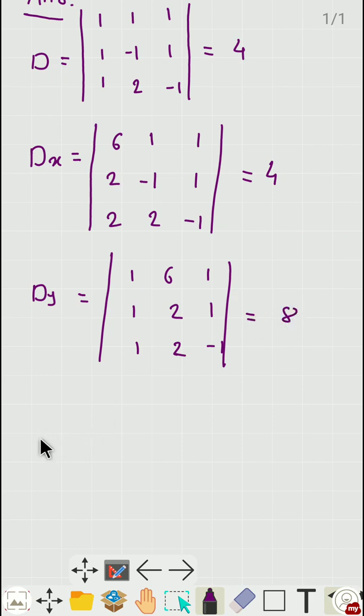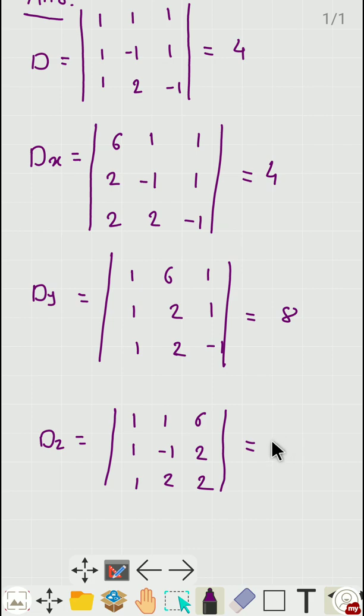Then we write the determinant dz, and this determinant is 1 1 1 6, then 1 minus 1 2, and 1 2 2. And the value of the determinant is 12.